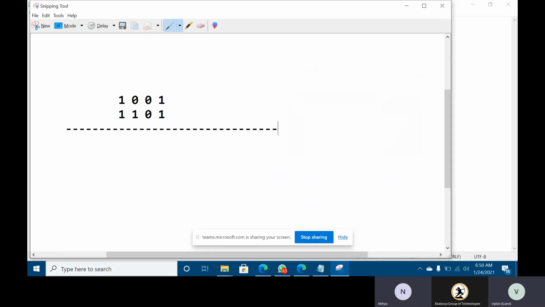Firstly, we add the last bits, 1 and 1. We get sum 0, and a carry of 1 is generated. Next, the sum is 1 and again a carry is generated. Again the sum is generated, and again a carry is generated. So we get 0, and next 1.